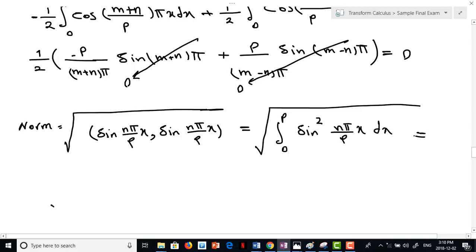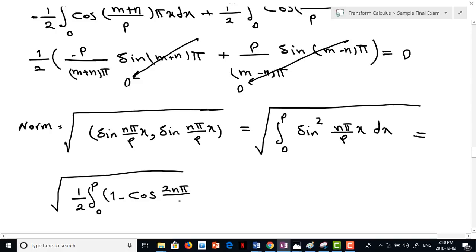You can see that it's equal to the root of half the integral from 0 to p of 1 minus cosine 2n pi over p x. Now you can easily find this integral. So it's equal to the root of p, and applying the upper and lower limits, you can see that it's equal to root p over 2.